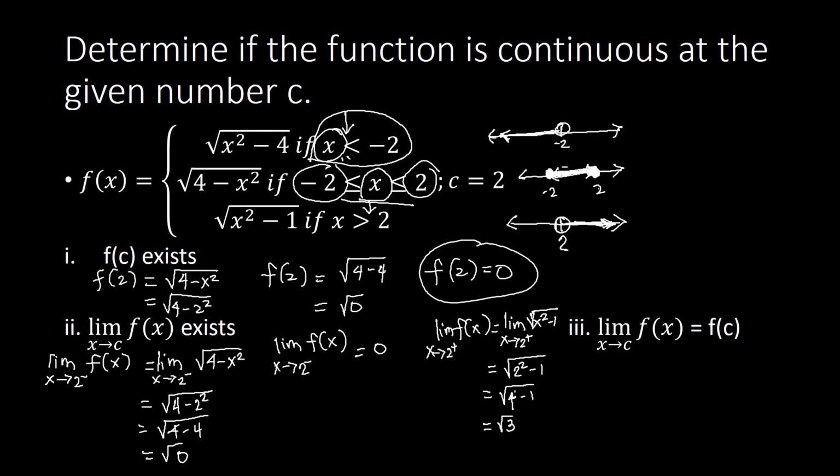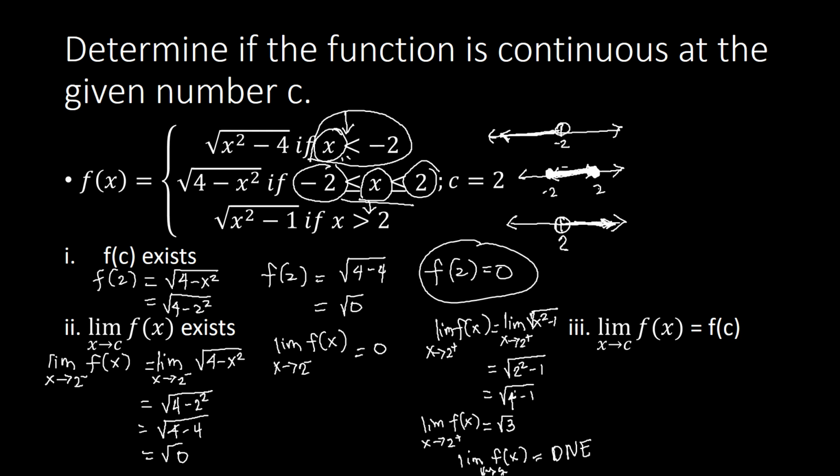We have now the right-hand limit. Our limit of f of x as x approaches 2 coming from the right side is square root of 3. Comparing the two limits, the limits are not the same. So we can now say that our limit of f of x as x approaches 2 is a DNE.